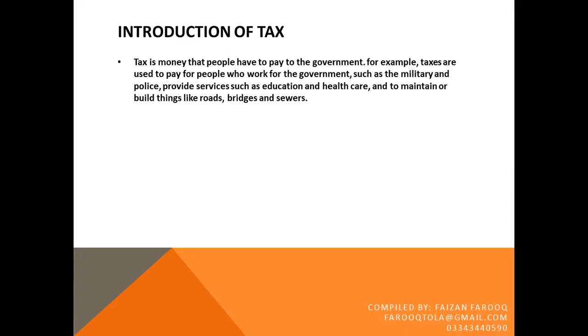Firstly, let me remind you what tax is. Tax is the money that people have to pay to the government. Why? Because the government needs to finance military, police, social services, education, healthcare. So they need money, and tax is the main source of income for the government.